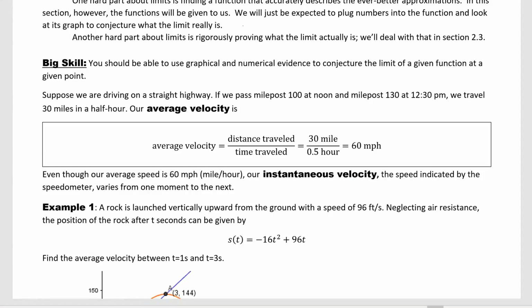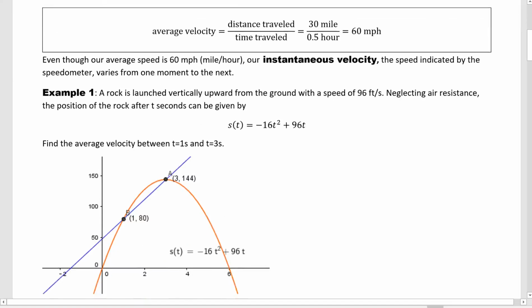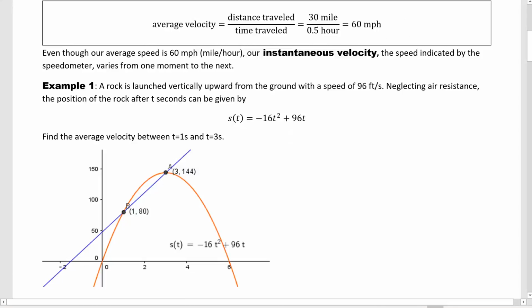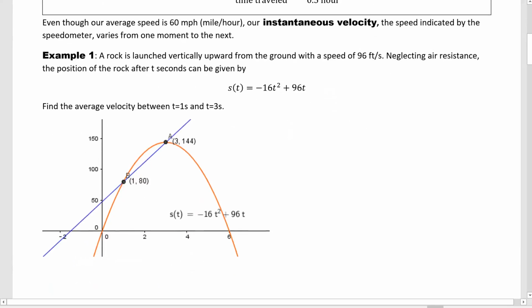So here let's look at example 1. A rock is launched vertically upward from the ground with a speed of 96 feet per second, neglecting air resistance. The position of the rock after t seconds is given by the function s of t equals negative 16t squared plus 96t.